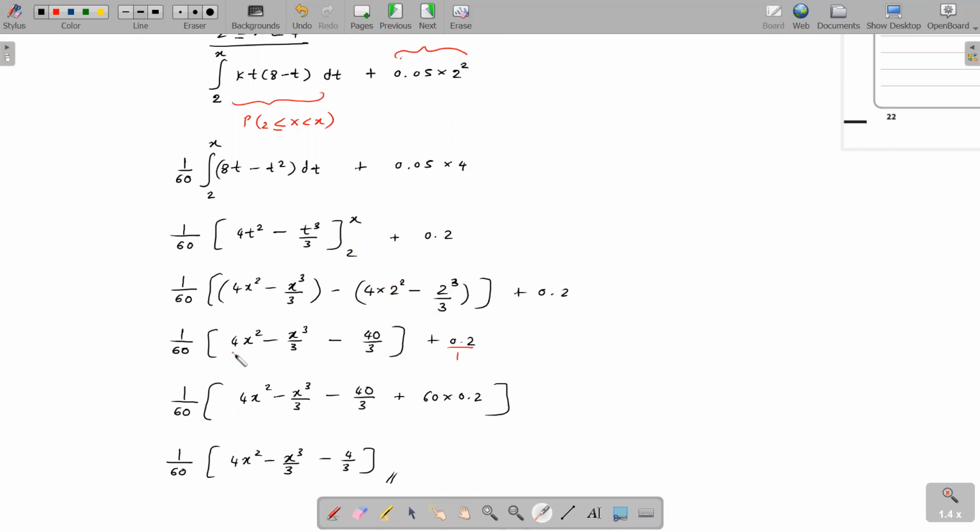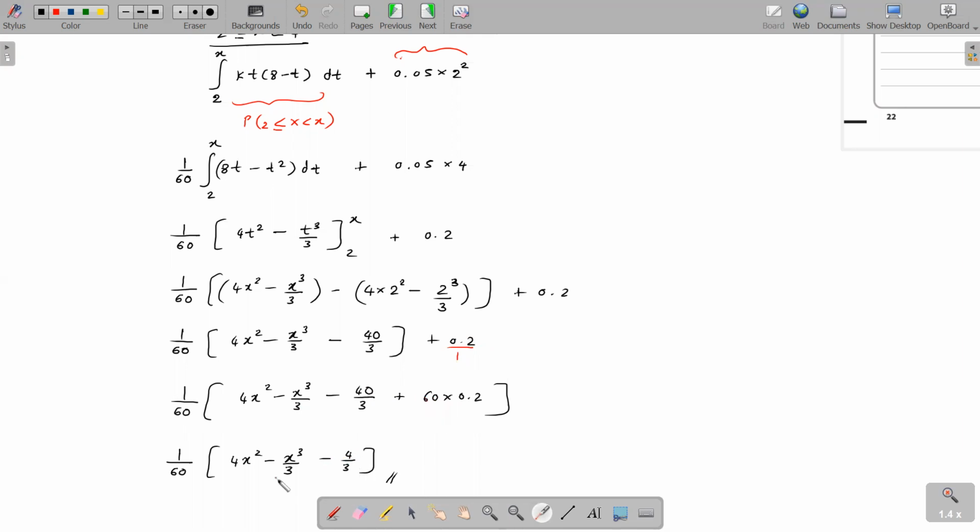And obviously if you want, you can multiply 1 over 60 inside with all three and then add them up. Or what I've done here is I've taken 1 over 60 out, now 1 over 60 is common to all these three terms. I've taken 1 over 60 out from this guy as well. So when you take 1 over 60 out, it multiplies with 60, right? So that's some simple math simplifications here. And then I get these two together and I get this answer.